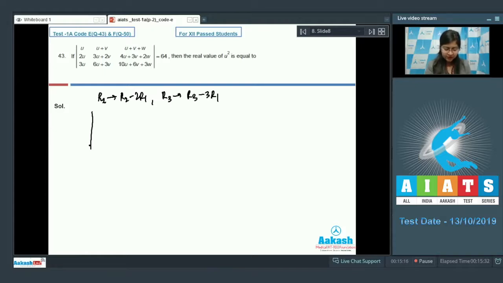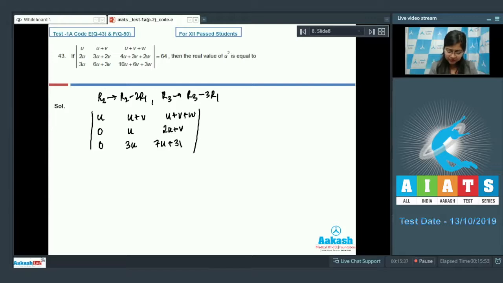So we will get determinant as u, u plus v, u plus v plus w, and here we will get 0, u, 2u plus v, and here we will get 0, 3u, 7u plus 3v. This is equal to 64.